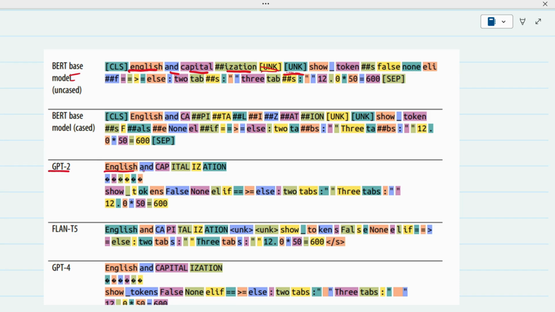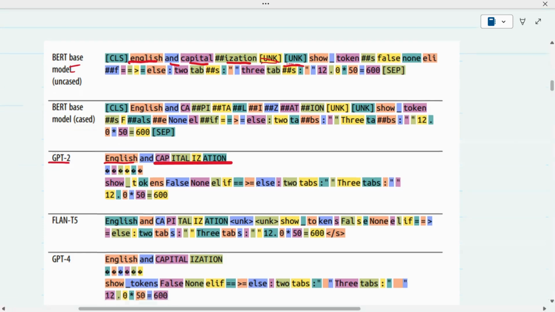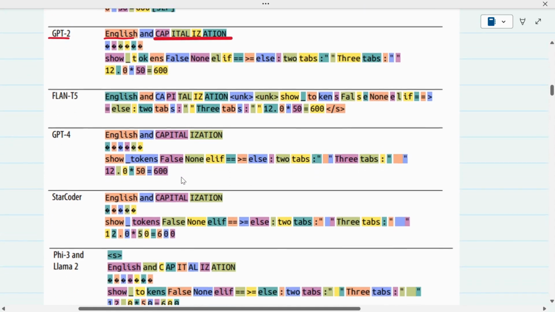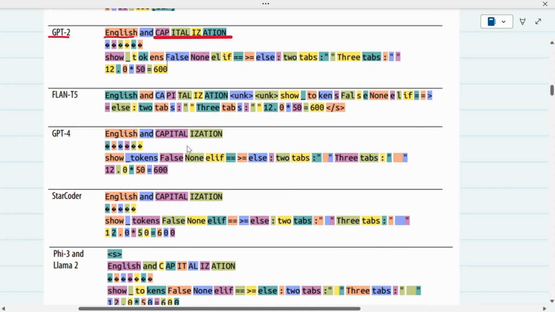GPT-2 converts the word capitalization into four tokens, where one token is "cap" and so on, and it converts the whole sentence into a smaller number of tokens. Here is how the tokens look. Then the GPT-4 tokenizer, as you can see, is a little bit different from GPT-2, and looks better than GPT-2.